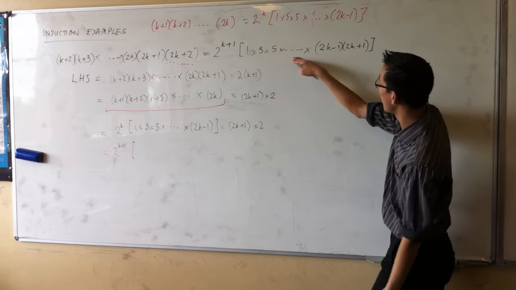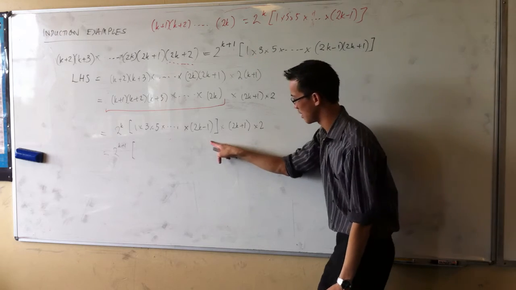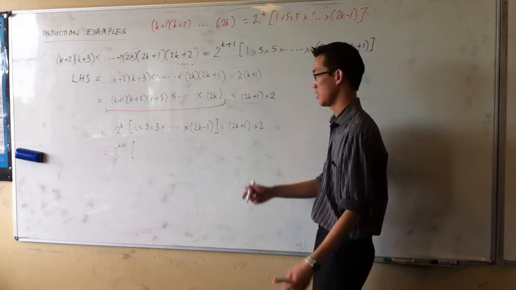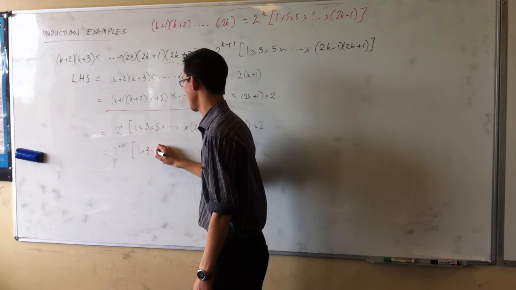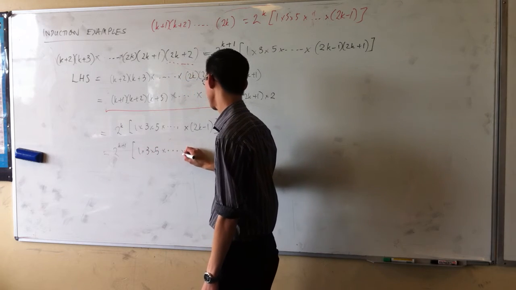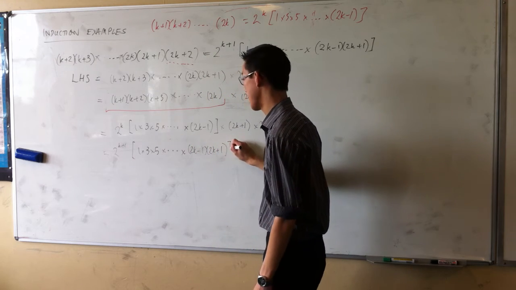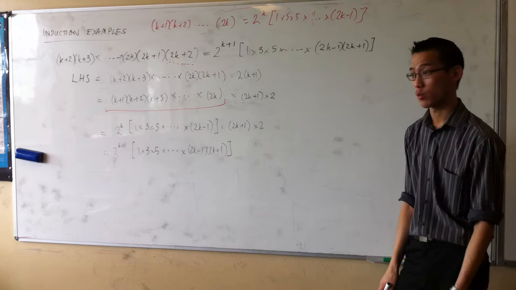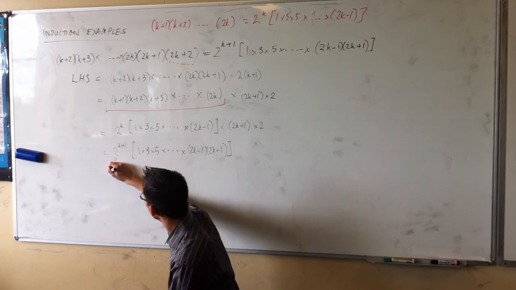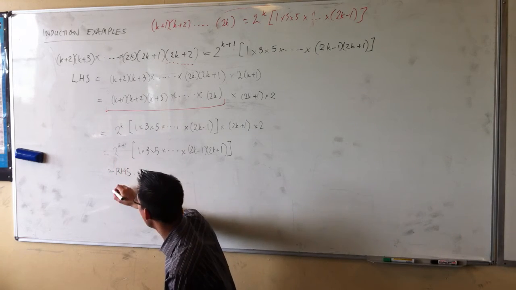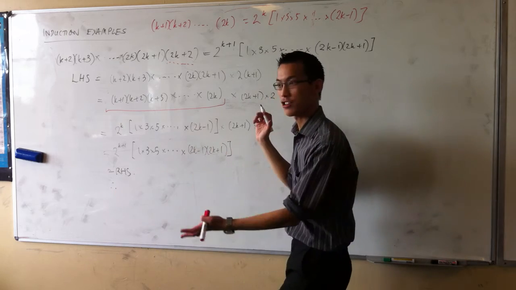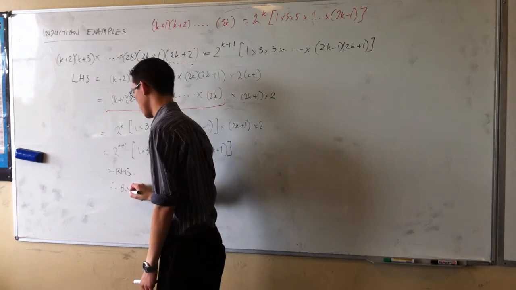So this part here is already equivalent. I just need to put this inside the big square brackets, and that's it. So 1, 3, 5, 2k minus 1, 2k plus 1. And that's the form I wanted to arrive at. So that's equal to the right-hand side, and now you make your explanation by the principle of mathematical induction.